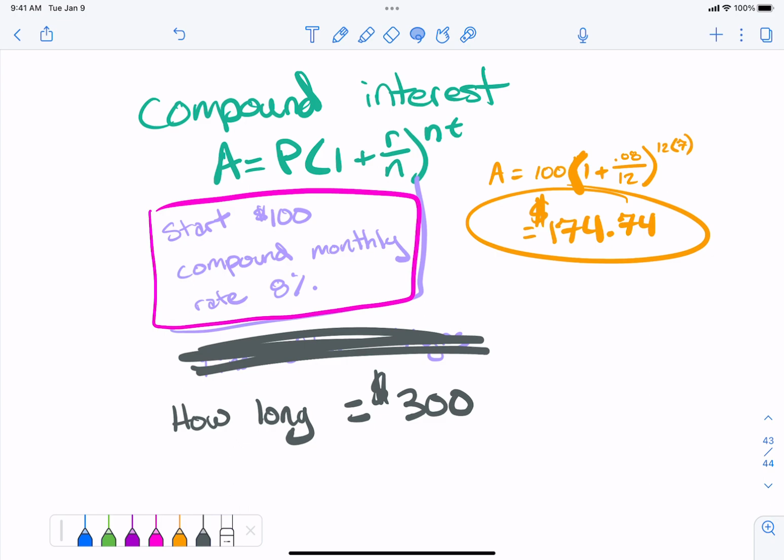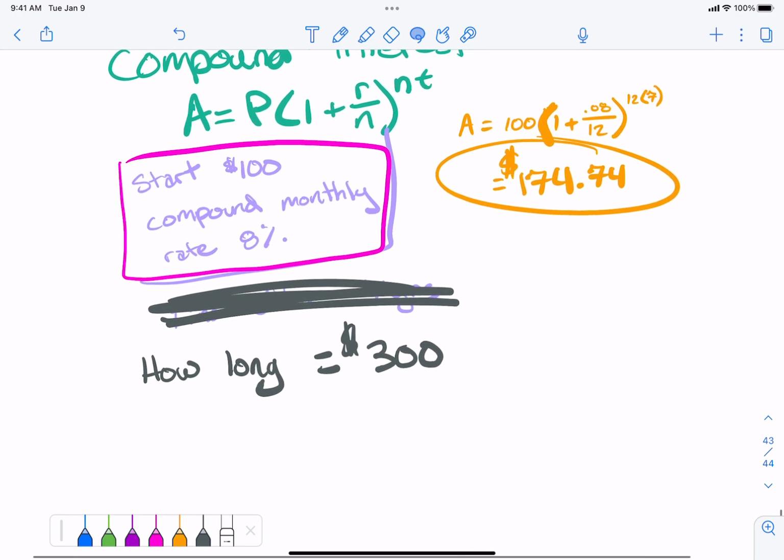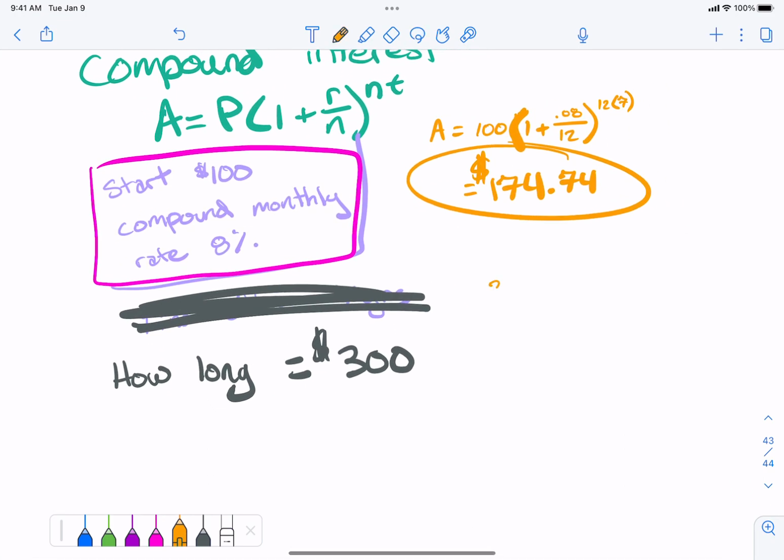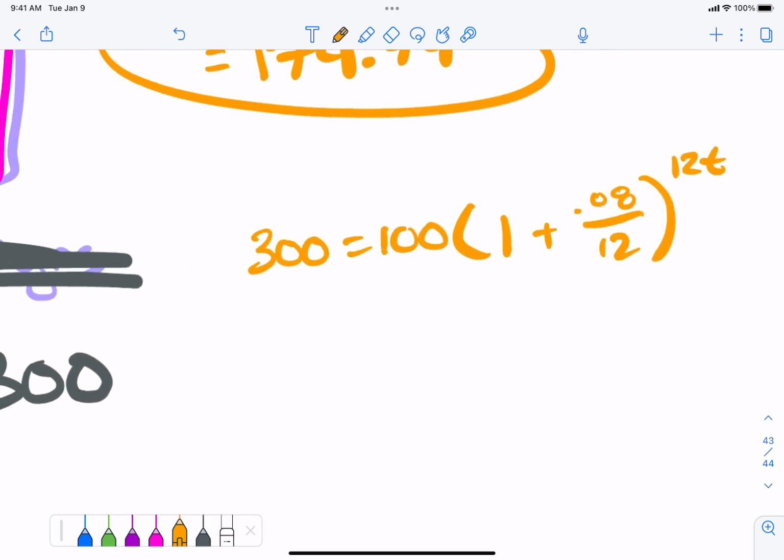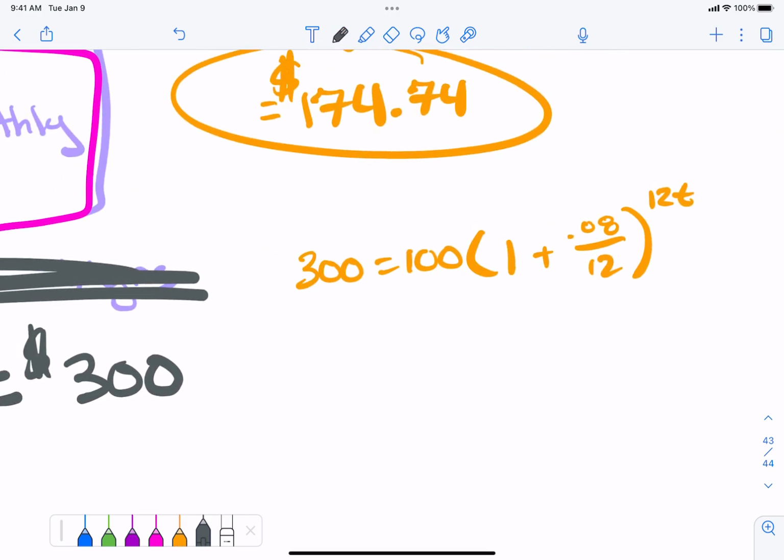Plus 1, so 1.075 to the x times 12. Take the ln of that. So ln of 3 divided by ln of 1.075.